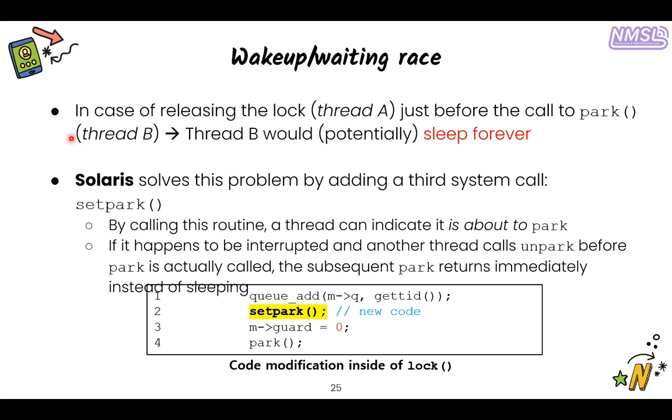One way to prevent this, and Solaris does this, is to introduce something called setpark. Setpark means I'm not parking, but I'm about to park. By calling this routine, a thread can indicate it's about to park. If it happens to be interrupted, and another thread calls unpark before park is actually called, then the subsequent park returns immediately. So when you try to park, it says no, you can't, because otherwise you're going to sleep forever.